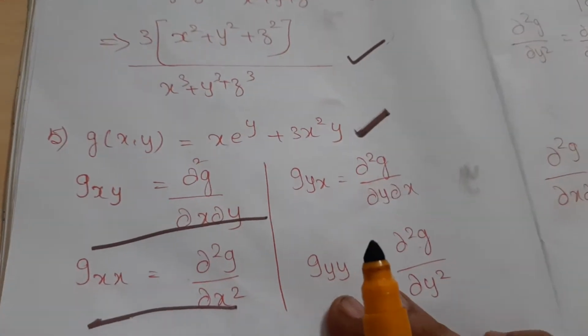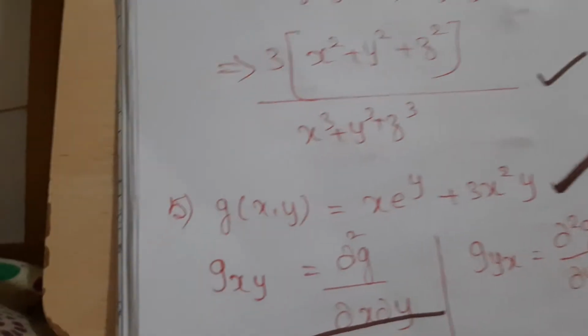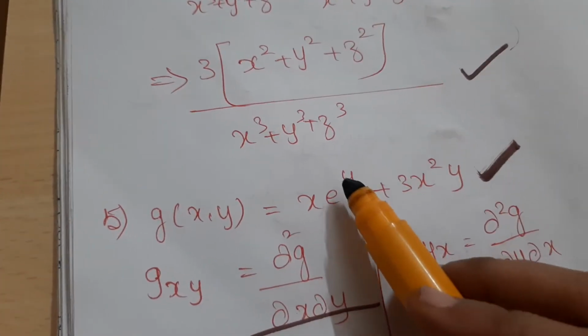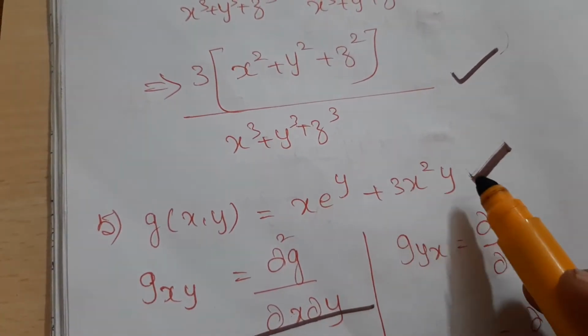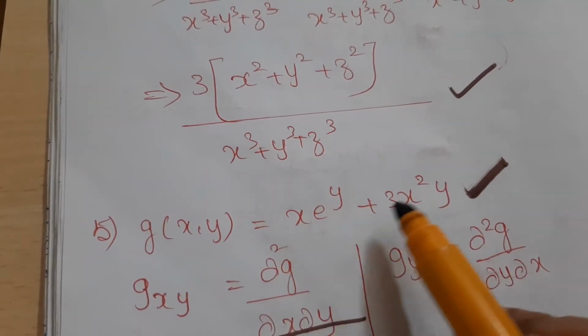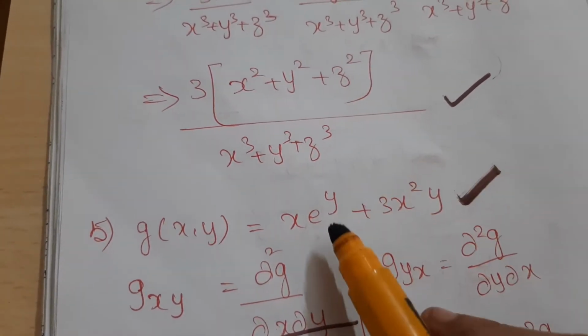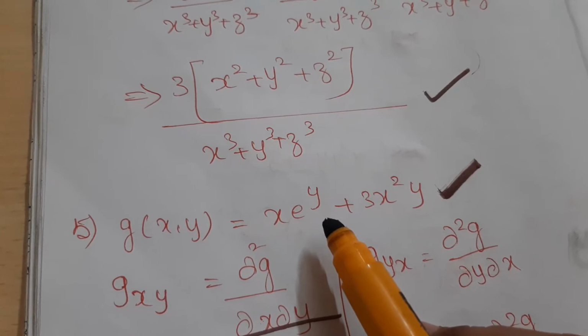So one by one we can learn. Now this is the function we are given: x into e power y plus 3x square y. So I must differentiate partially with respect to x, that is dou g by dou x.